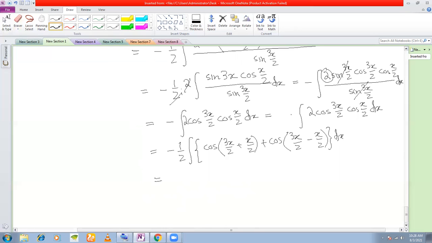Minus sign will remain, but 2 is already here. Only a negative sign. So minus integral.